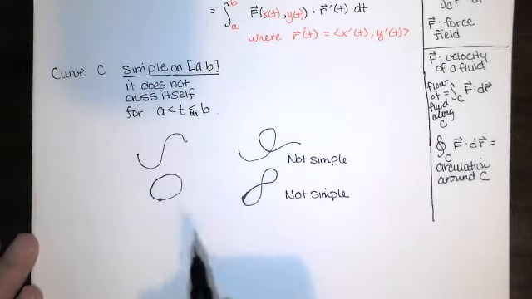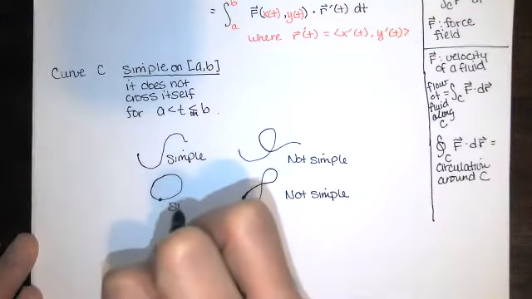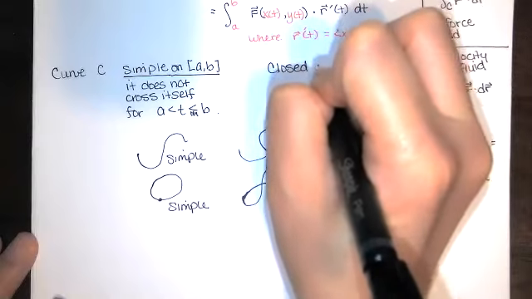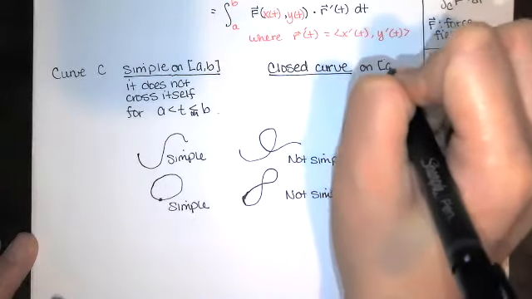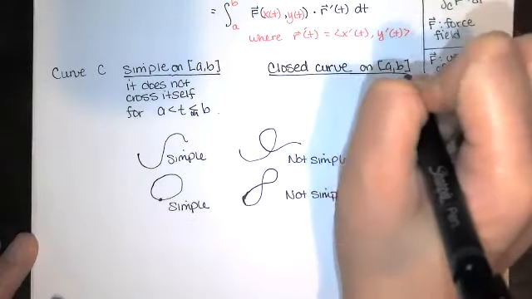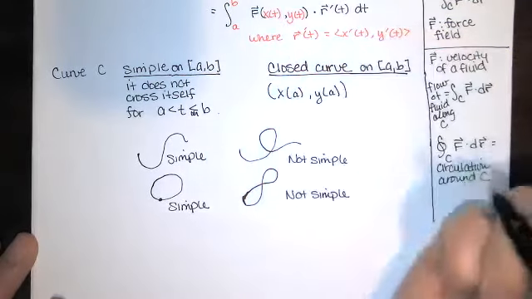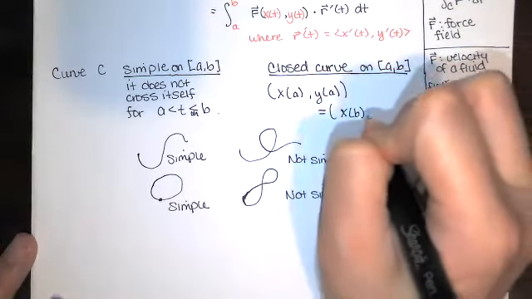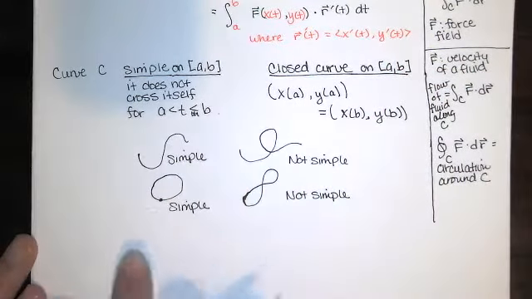So we start and stop at the same place. So x of A, y of A, that's just a point in the plane. And x of B, y of B is a point in the plane. If we happen to start and stop at the same location, that is called a closed curve.